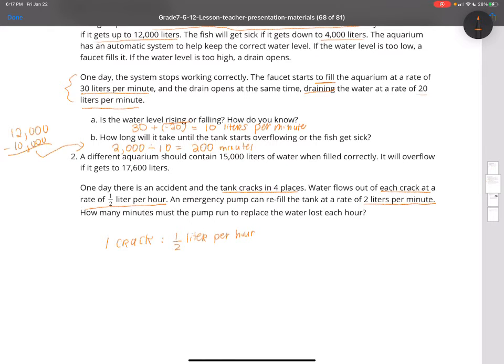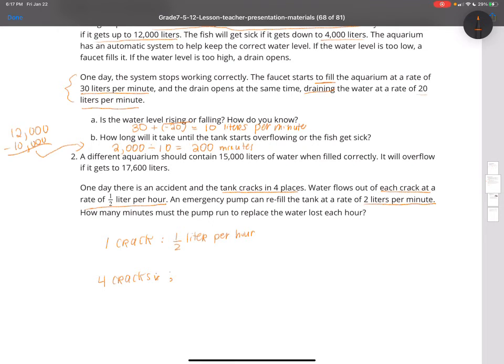But the tank actually has 4 cracks. So we want to find how much water is being lost per hour with all 4 cracks.